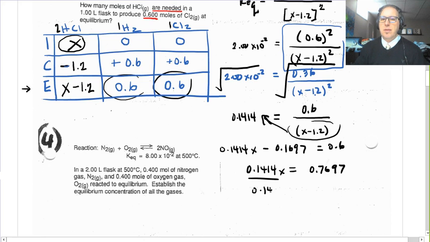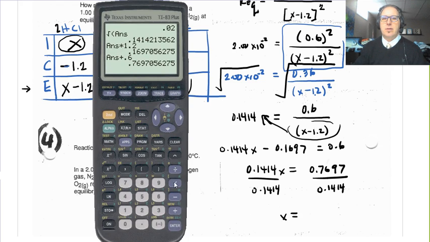And then we'll divide by 0.1414 on both sides. So let's do that, divided by 0.1414. And I'm going to use some more decimals to make sure we're a little more accurate here. And so we've got 5.44.